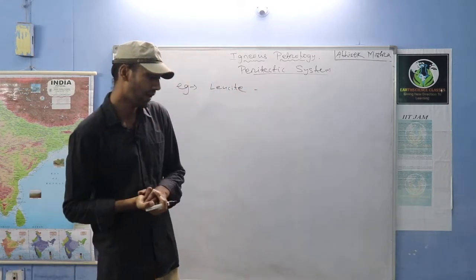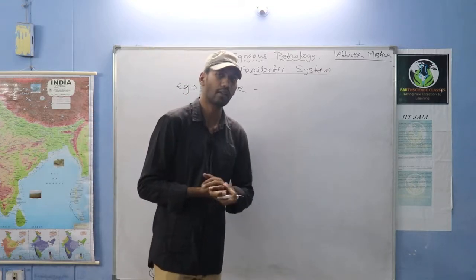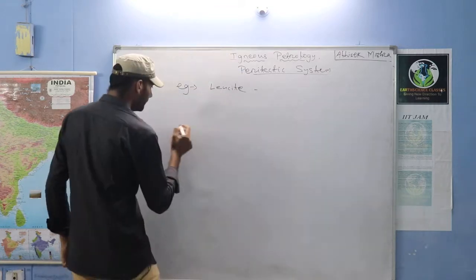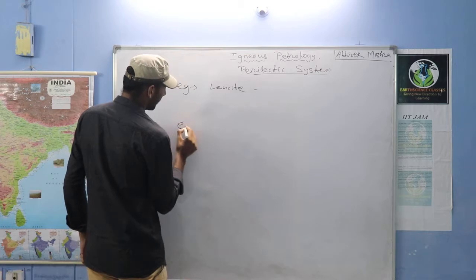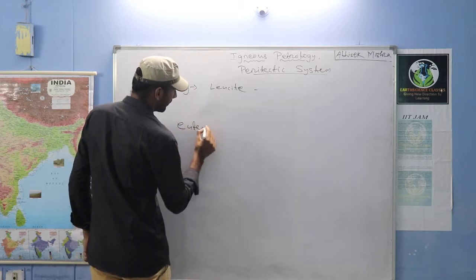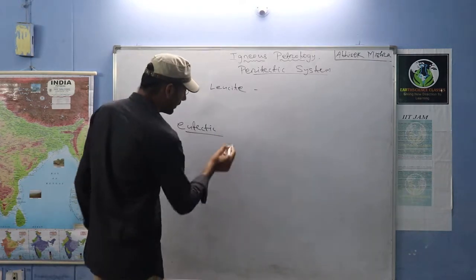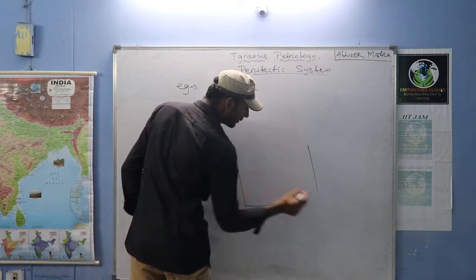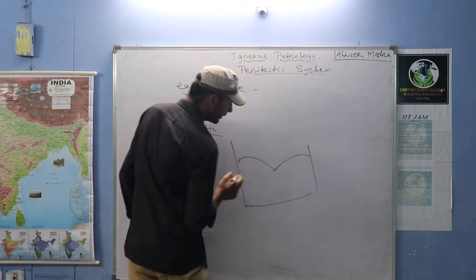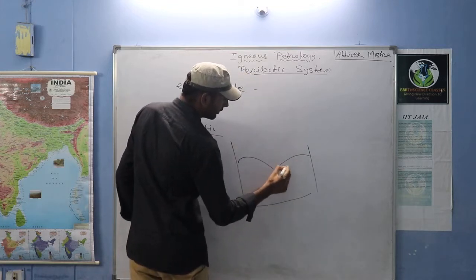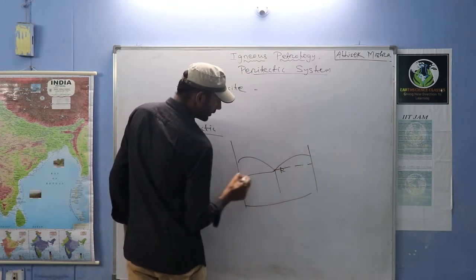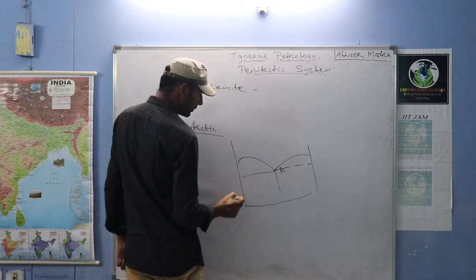Unlike the eutectic system, in eutectic system, what are the examples? Just for your recall, a eutectic system is like this: there is a fixed composition and temperature, as I have told.